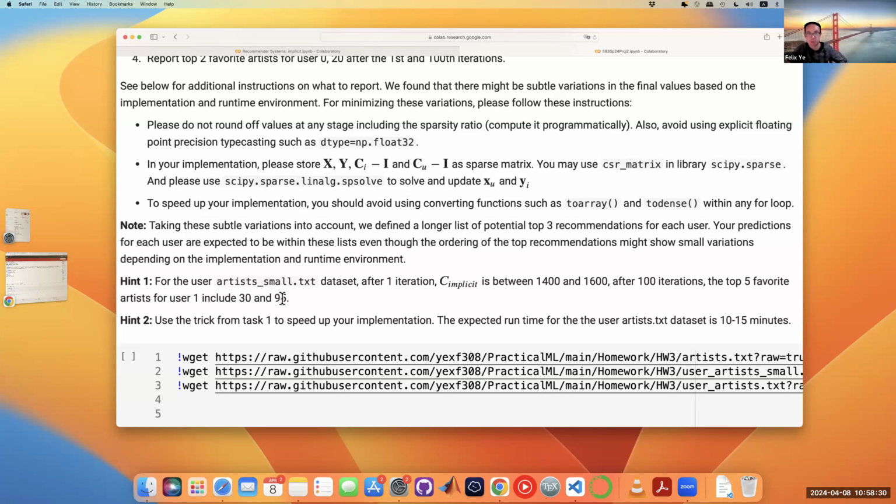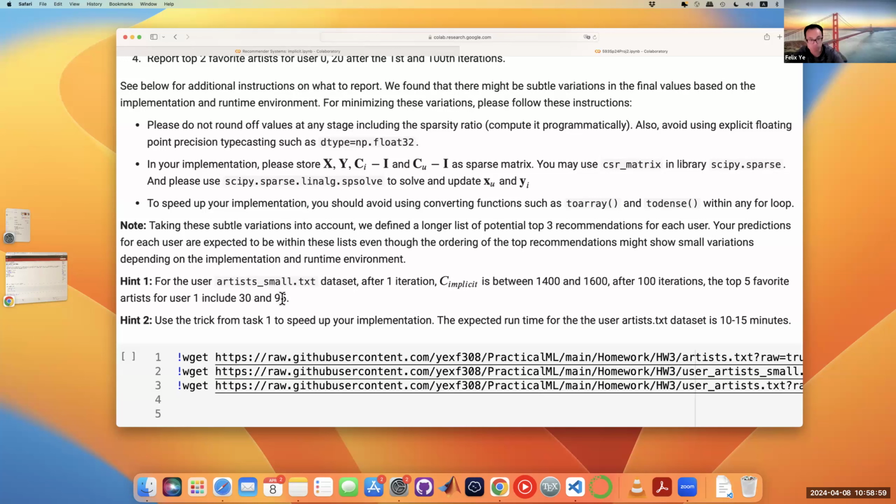So this gives you some idea whether you are getting the result correctly, right? If you don't get the result correctly, this hint 1 will give you some idea. So always try to start with a small data set before you work on the large data set.